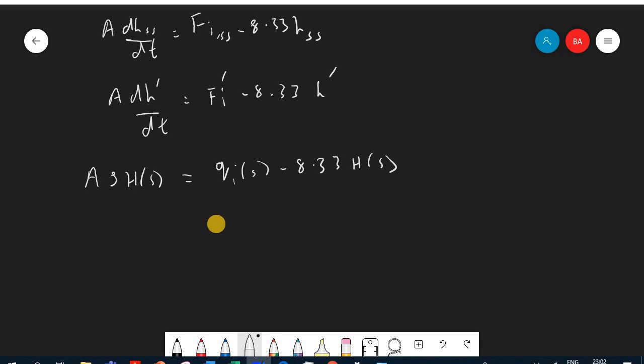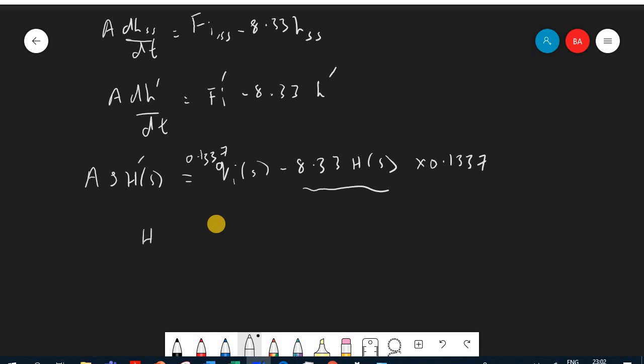So what I need to do is multiply it by the conversion factor, which is 0.1337, and this is also in gallons per minute. This was q. Remember, this was q. So we will also multiply it by 0.1337. This is just a conversion factor to work on it.